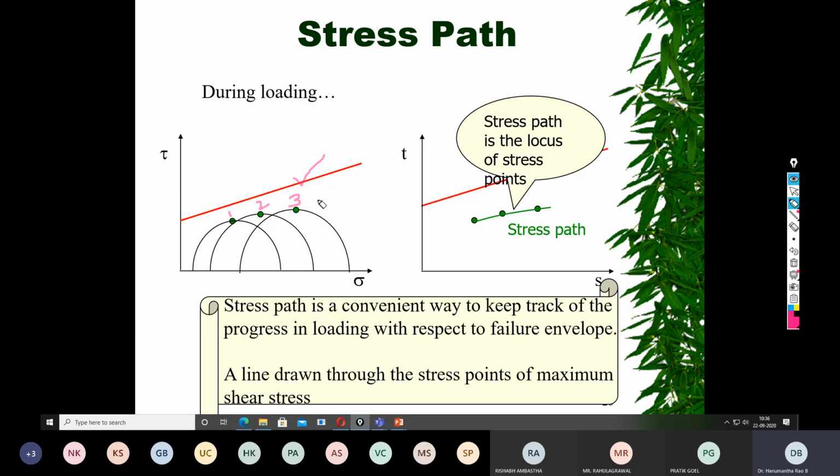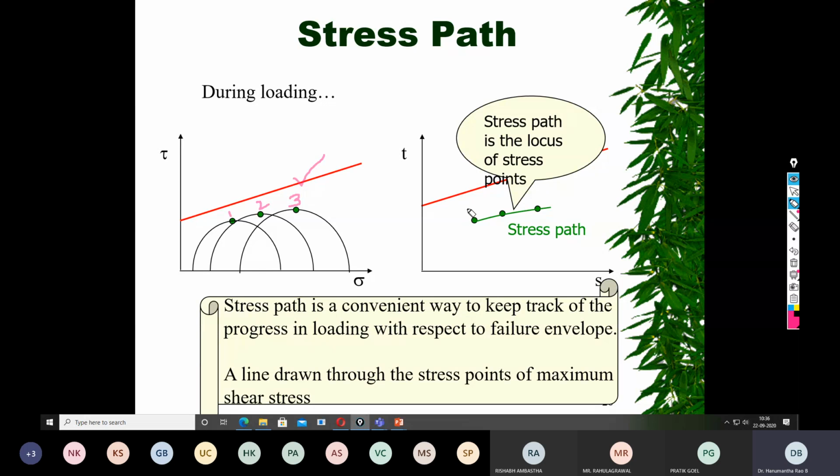Then we want to see whether the imposition of load 2 is above, to the right, or to the left of load 1. Suppose you join the points of the maximum shear stress of these Mohr circles, then we will get a line. This line is called the stress path.